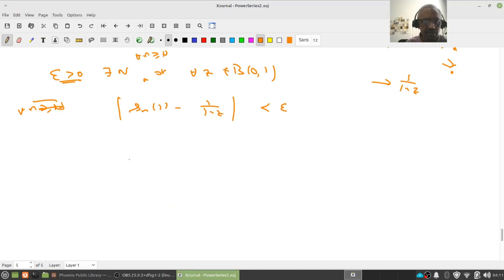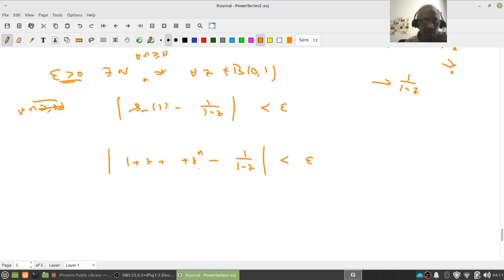But what is this? This is (1 minus z power n plus 1) by (1 minus z), minus 1 by 1 minus z. That should be less than epsilon. Now do you see a problem here? You had already seen this. Why is this a problem? Multiply this by 1 minus z, then what will I have?